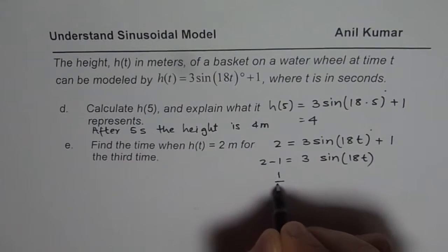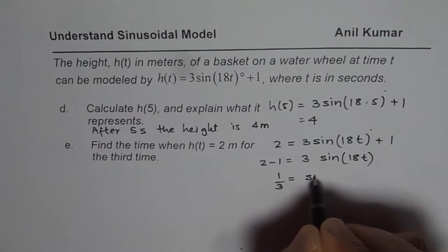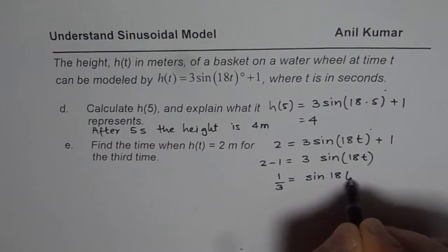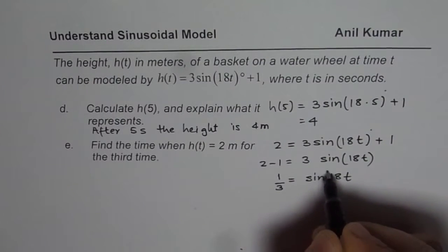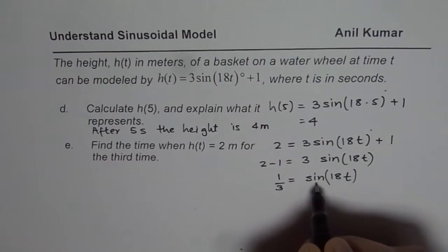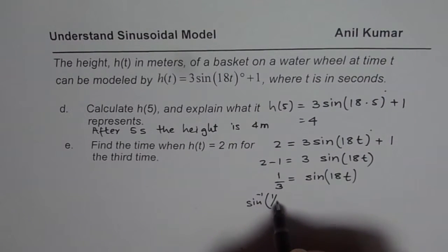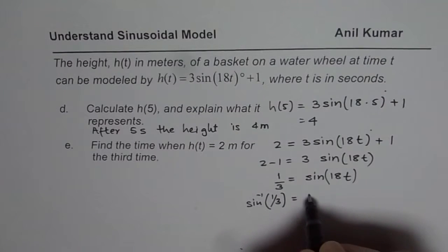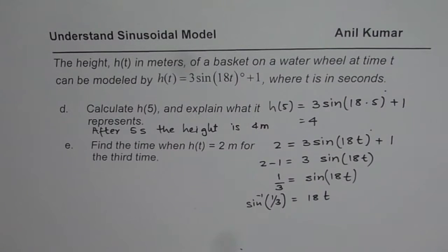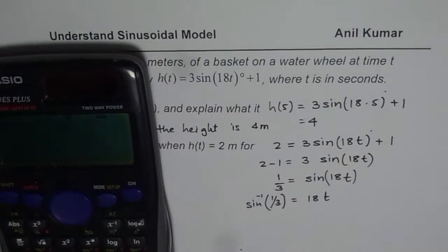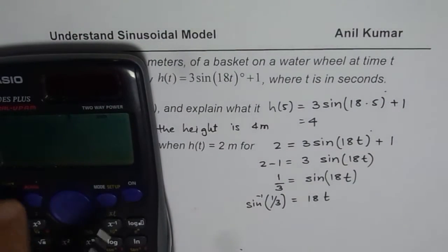We'll divide by 3. So 1 divided by 3 is sine of 18t. Now to find the angle, we can do sine inverse. So sine inverse of 1 over 3 equals 18t. So let's use the calculator to find what is sine inverse of 1 over 3. So second function, sine inverse 1 divided by 3 equals.